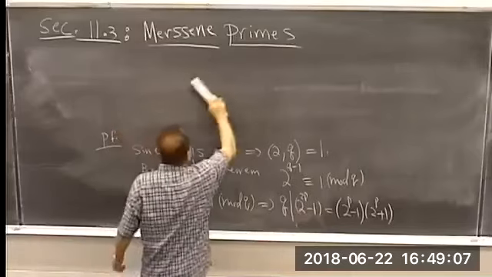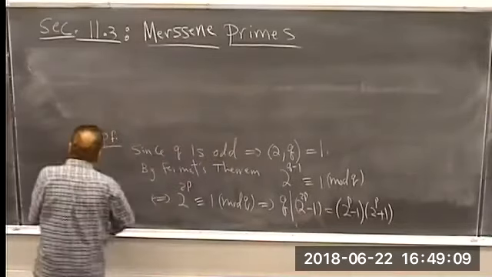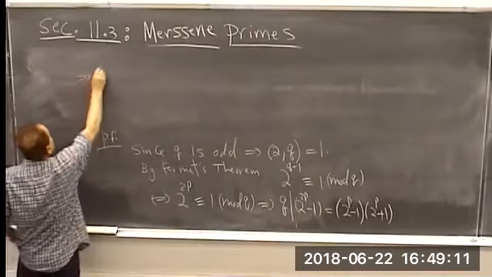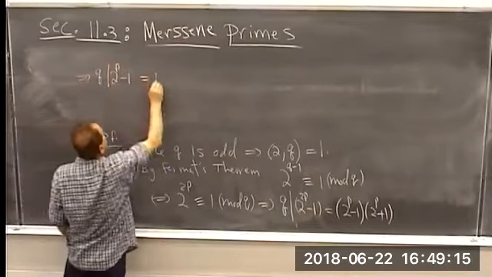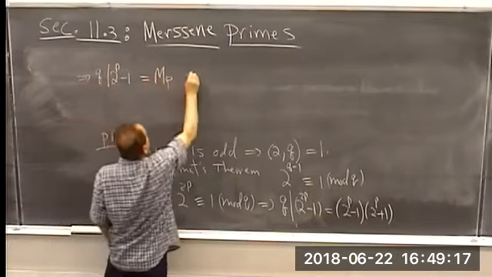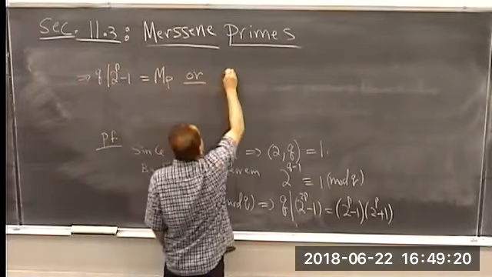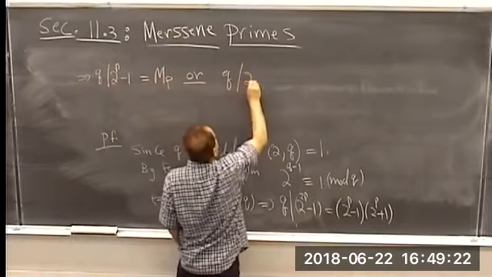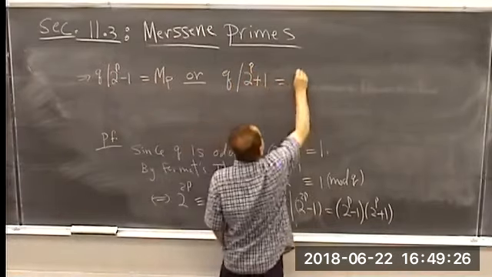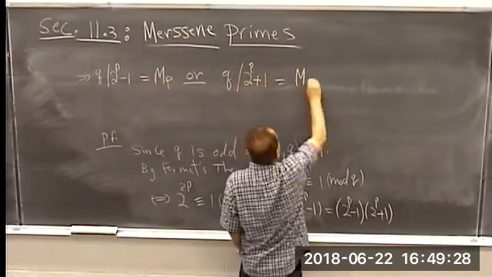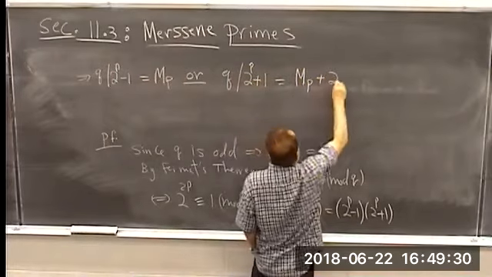That implies Q divides 2 to the P minus 1, which is M sub P, or Q divides 2 to the P plus 1, which is M sub P plus 2.